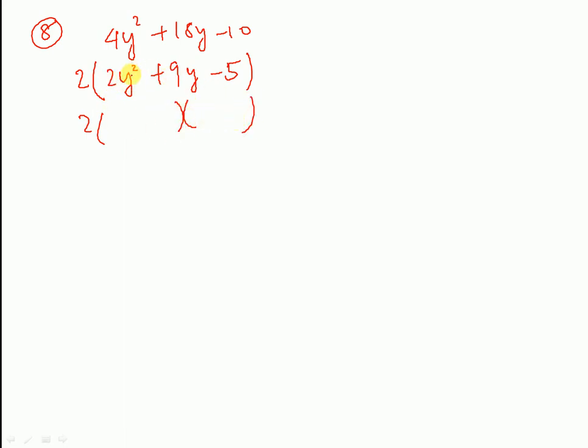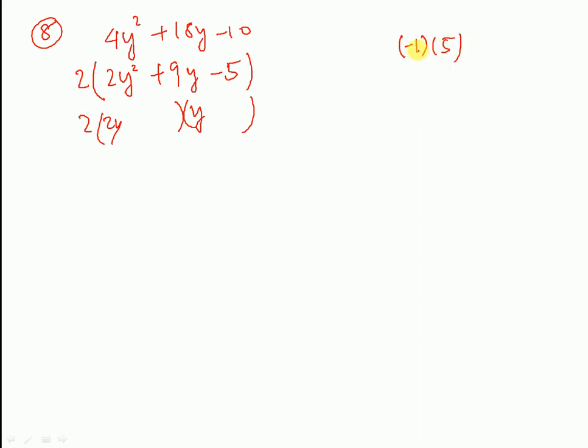So 2y squared, we can write 2y and y, because 2y and y give me 2y squared. Now the last one is minus 5. So the two numbers being multiplied must give me minus 5, which is minus 1 and 5.